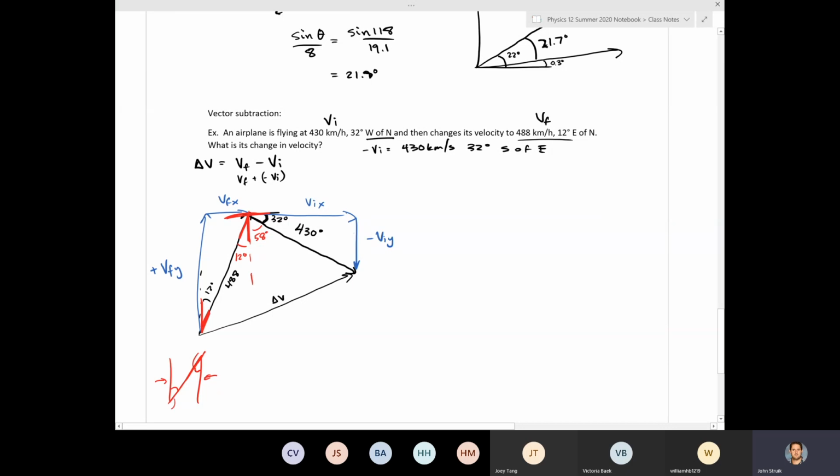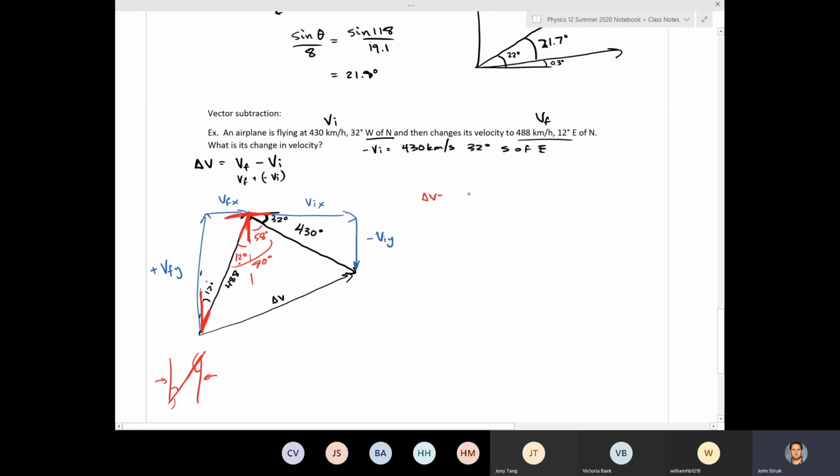And because I'm comparing it to the y-axis in both cases, those are obviously parallel lines. So that's how I know that if this is 12, this is 12. And then this one is obviously a right angle. So 32 degrees, 90 minus 32, 58. So then that gives me this as 70 degrees. And so now I can solve for my delta V using the cosine law.